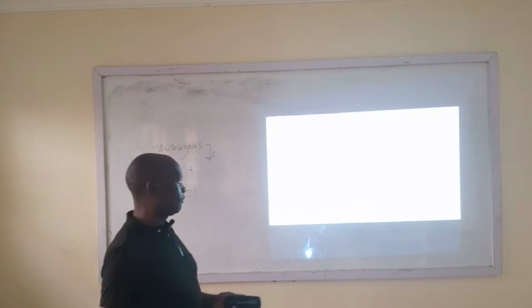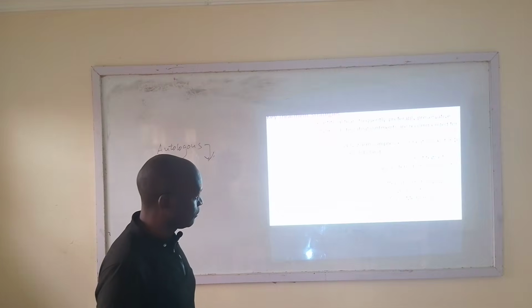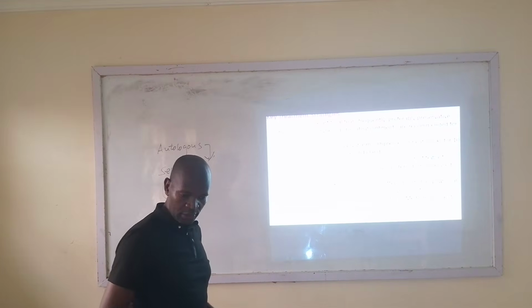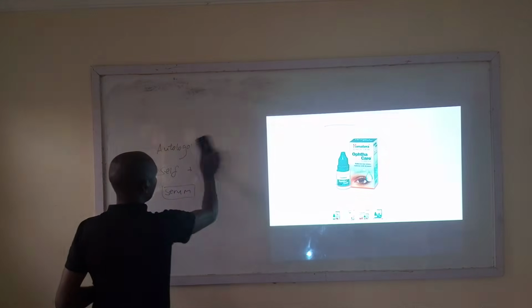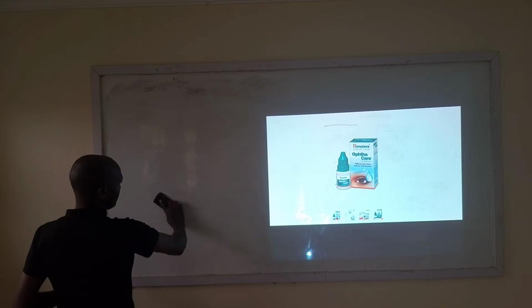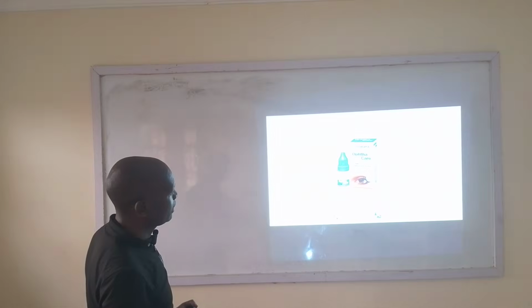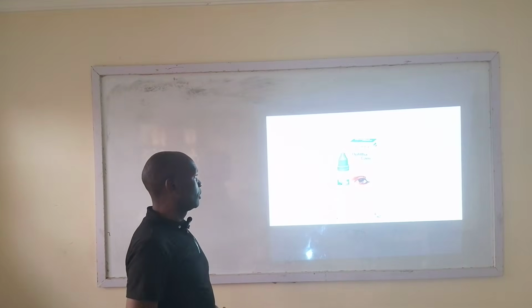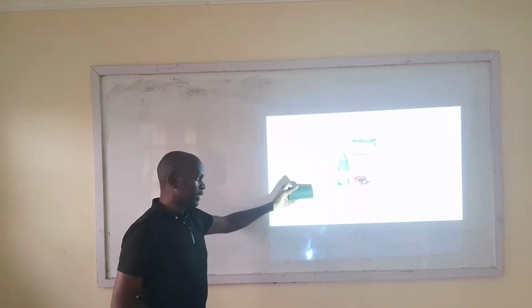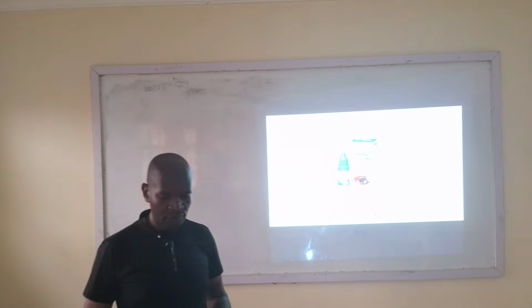You can also have meibomian expression, among other techniques. This is an example of artificial tears that are available in pharmacies. This one is Ophthalcare. It's just one of the brands; you have so many.